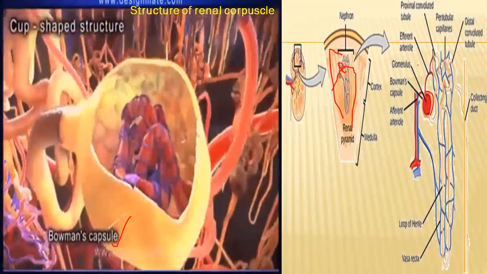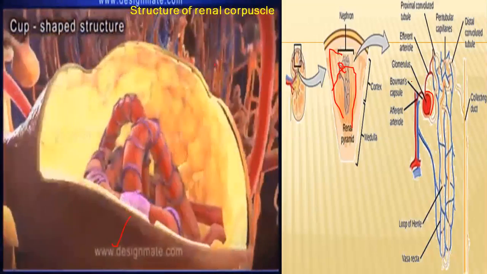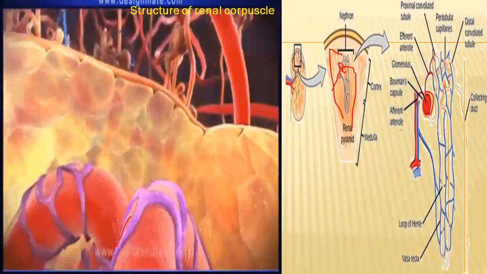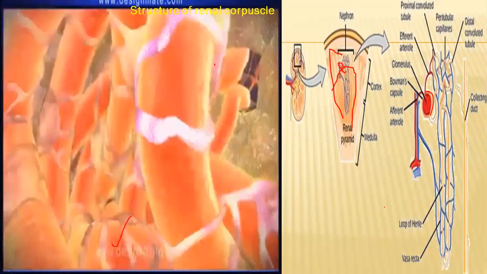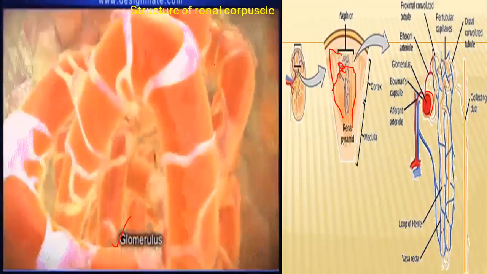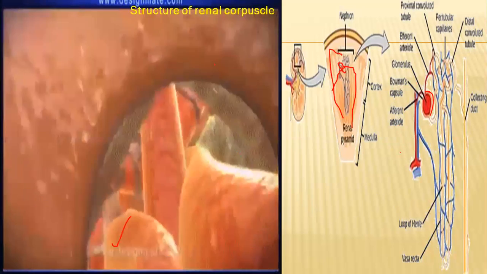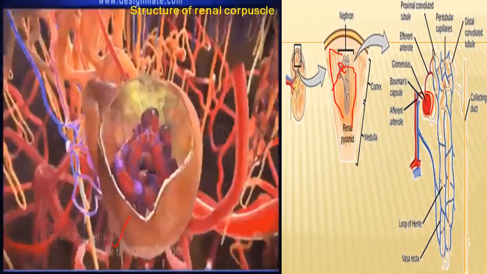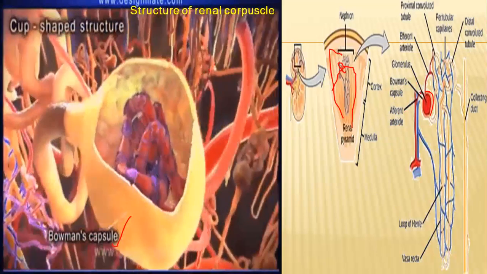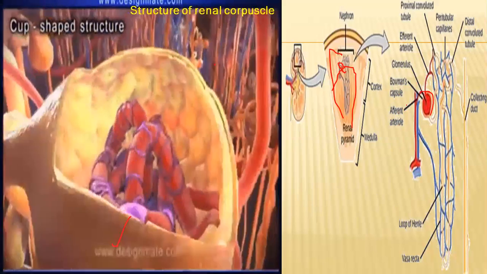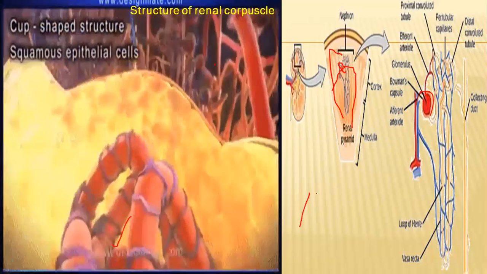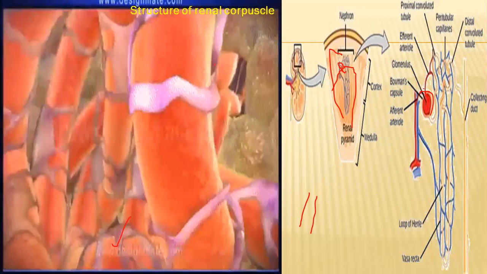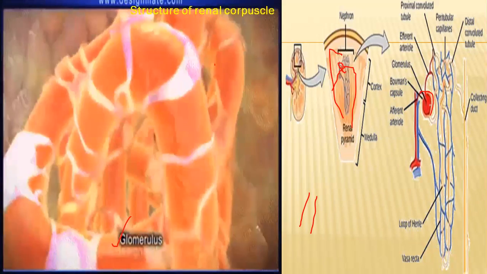One more thing to note: the artery which comes inside is called the renal artery. Then it is divided into lots of arterioles, and then into the afferent arteriole, which has a larger diameter, so more blood comes inside the glomerulus.